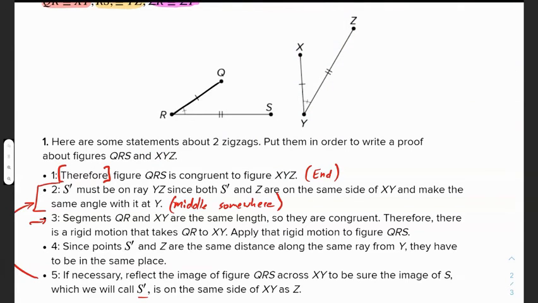Here's QR, here's RS. After you move them, they're going to be called primes. So we do some kind of transformation to get QR to XY.